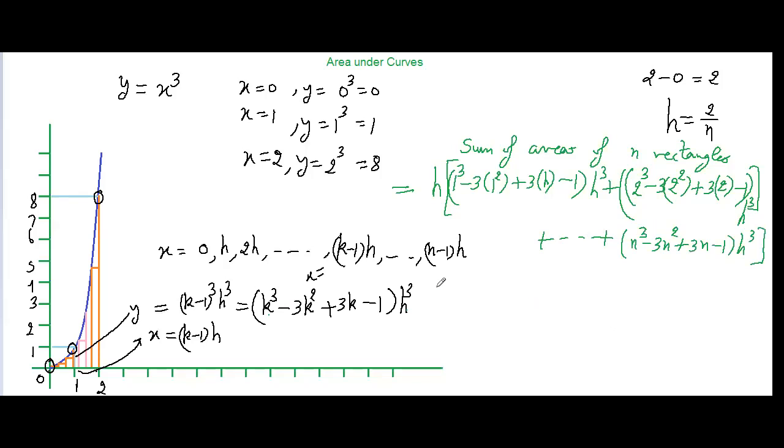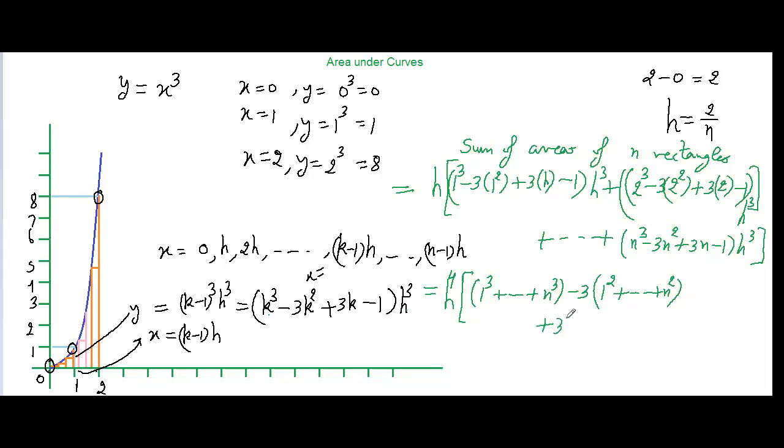So what we do, the same thing. We actually take h cube also common, so h power 4 will be outside. We add the cube terms separately, 1 cube up to n cube. Then minus 3 times the square terms separately, up to n square.